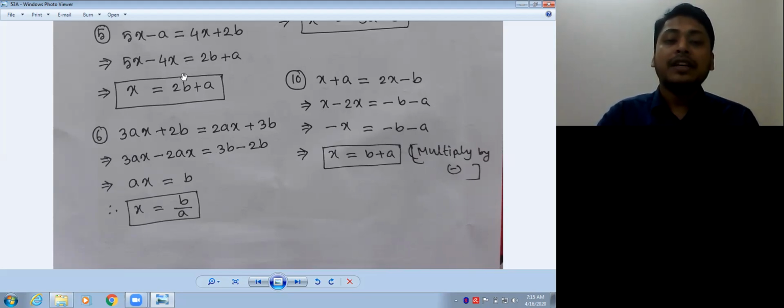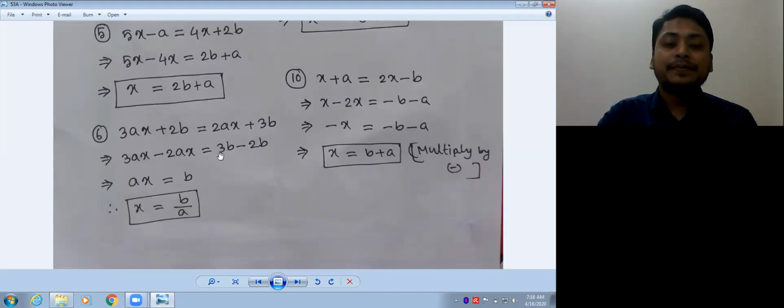It was plus, it has now become minus. Okay, and this minus a will have to be written in the right hand side. It was minus a, now it has become plus a. Finally, 5x minus 4x equals x, and 2b plus a equals 2b plus a. So that is our answer.